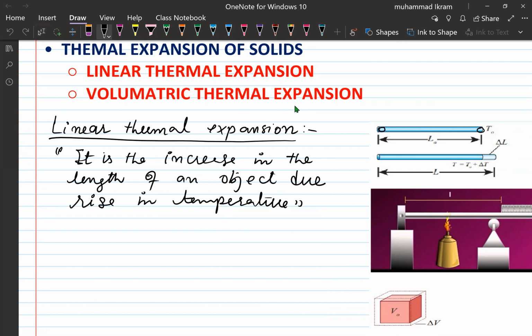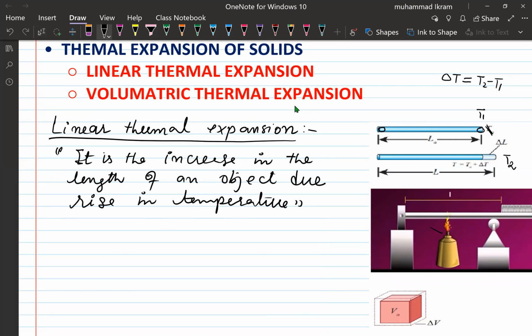When its temperature is increased, let's label the initial temperature as T1, and when you supply heat energy, its temperature increases to T2, such that delta T, the change in temperature, is T2 minus T1.